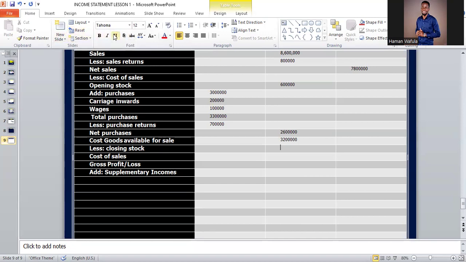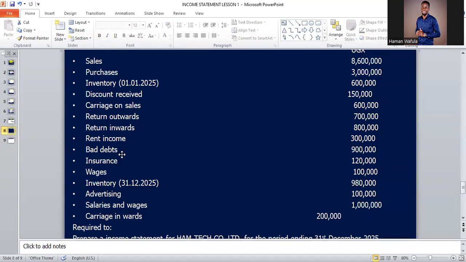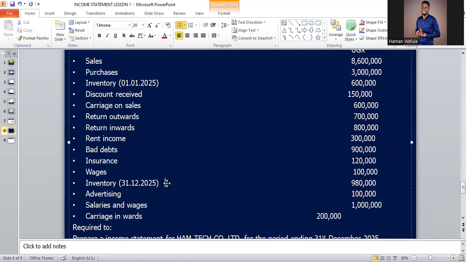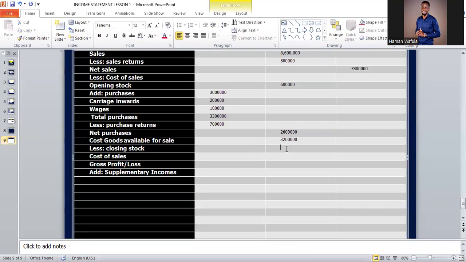When you subtract the closing stock or closing inventory, which is this 980,000, we shall now have our cost of sales. So 3.2 million is the goods available for sale, which is opening stock plus net purchases.